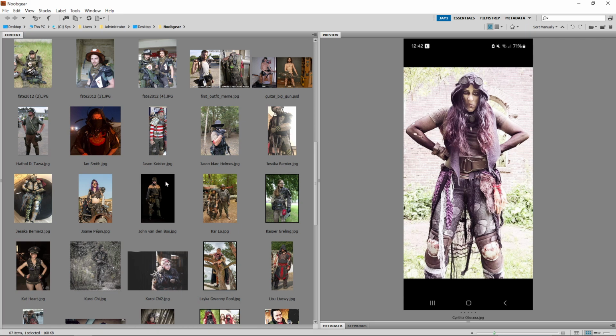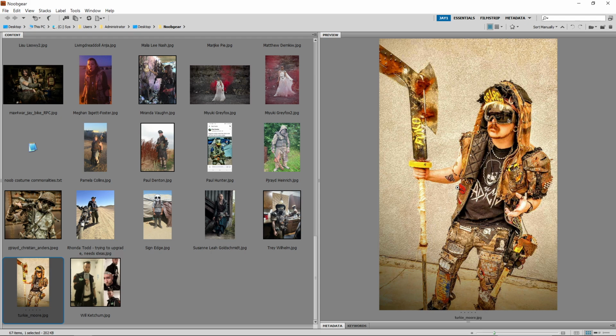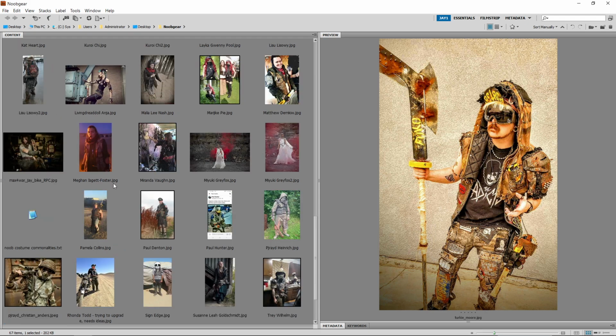Basically, if you're unable to tell whether this person was supposed to be just a gothic metal person, and a good-looking one at that, that's not what we're talking about here. It's overall aesthetically nice, but it's not a wasteland costume.